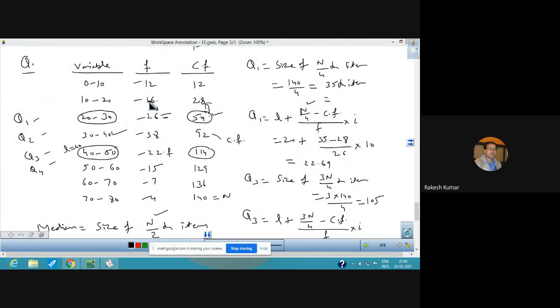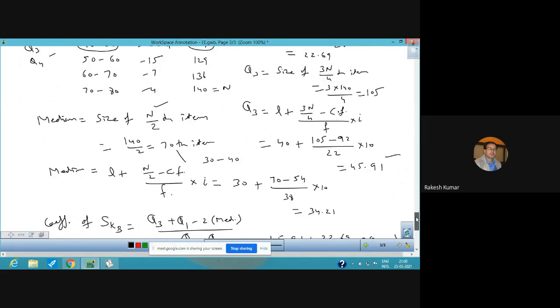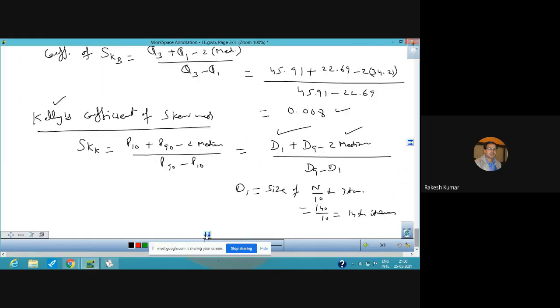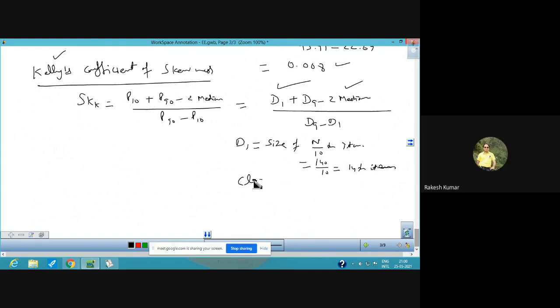Corresponding to 28, we have frequency 16, class interval 10 to 20, and the preceding cumulative frequency 12. So the class interval is 10 to 20, the frequency is 16, the preceding frequency that will be used as cumulative frequency is 12, and i is 10.